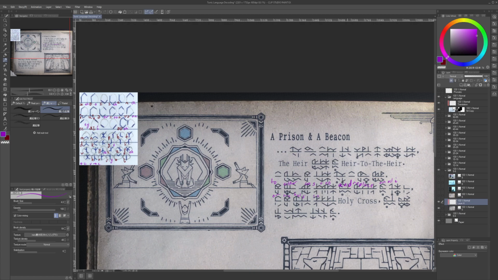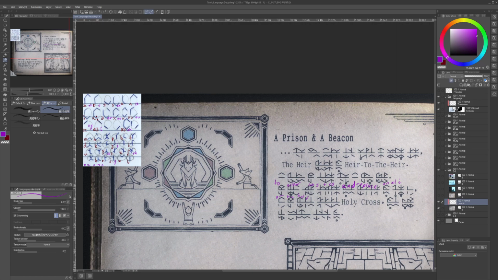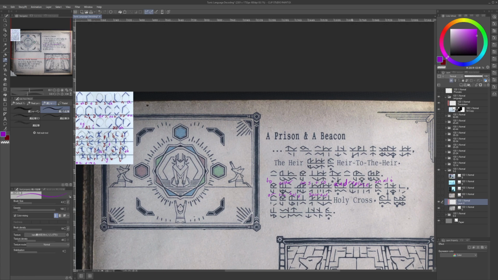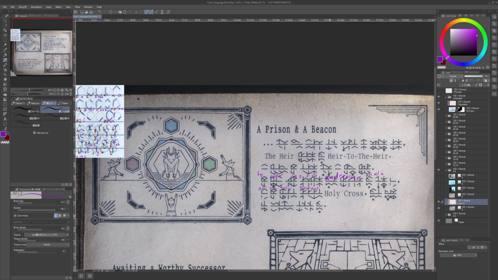Say. Sake. Say. Sacred. To hold. Sacred holy cross. To either something restore and replace on a something.